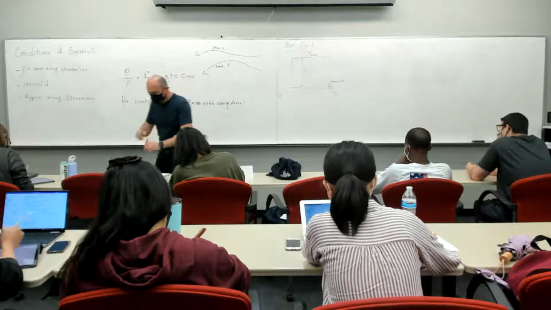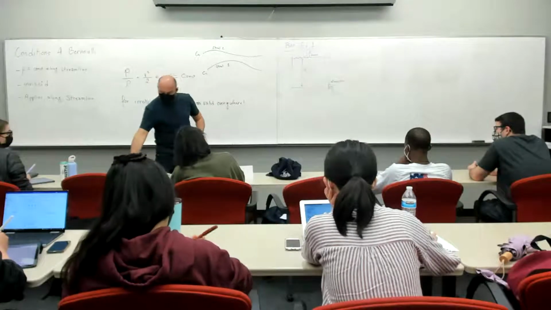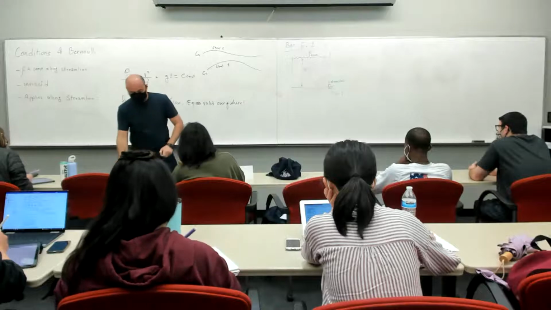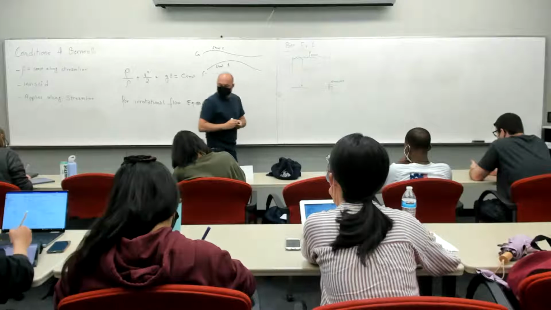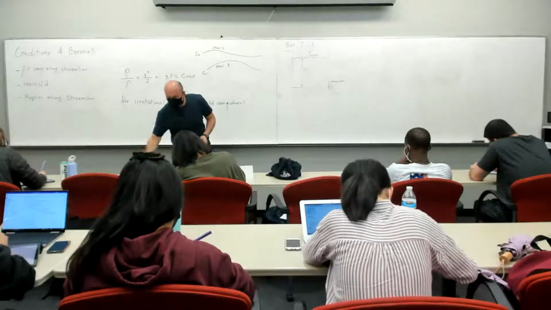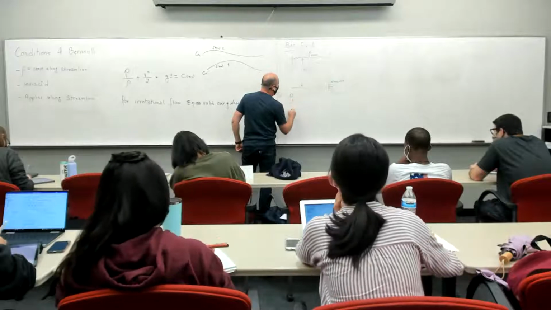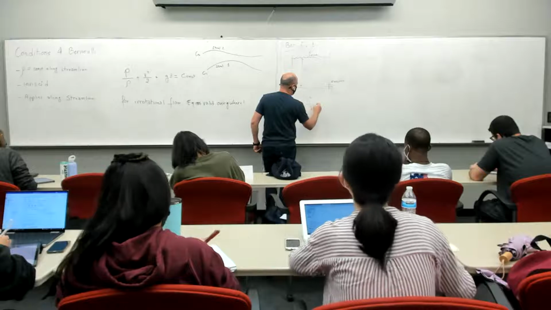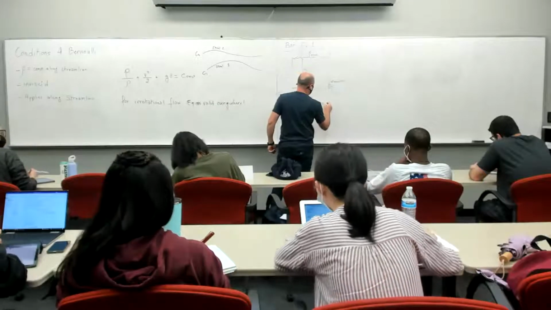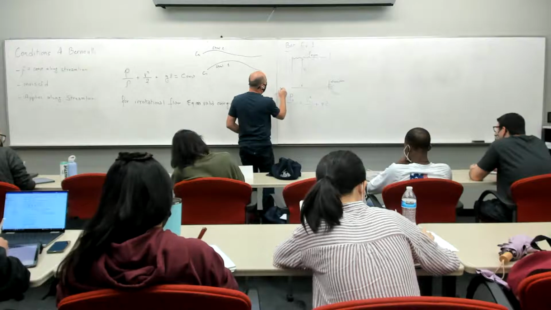I don't like it when the marker is not thick enough. We'll do the blue. Okay. And we apply Bernoulli between point 1 and point 2. P1 over rho plus V1 squared over 2 plus gZ1. What is Z1? We take our reference over here.